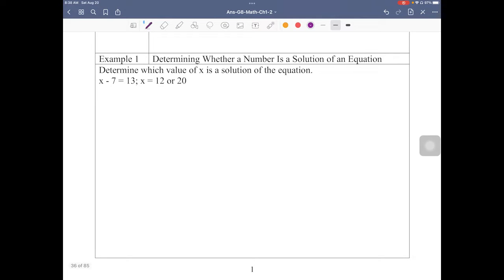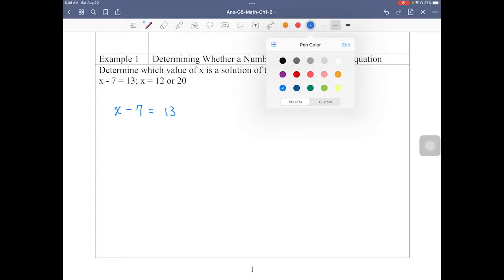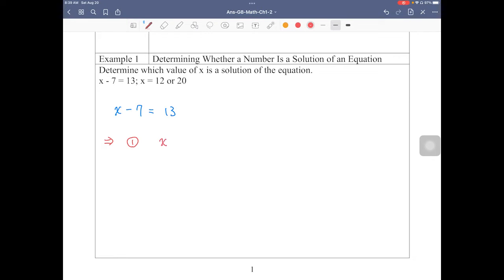Now, example 1. Determine which value of x is a solution of the equation. Before we show you how to exactly solve the equation, I want to tell you how we test it. Now I have x minus 7 equals 13, and I want to test which value of x is the solution. Firstly, I test x equals 12.